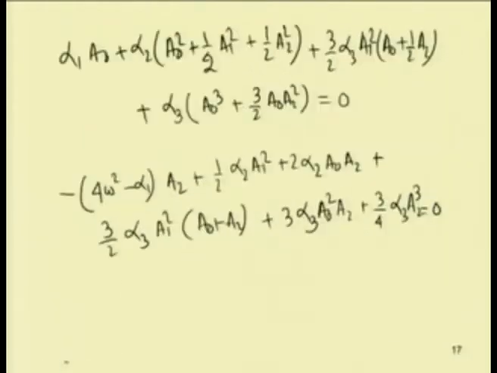And from these three equations we can observe the uncoupled terms. If you compare with this uncoupled term, this is alpha 1 a 0 and here we have half a 1 square. This is a 2 square.